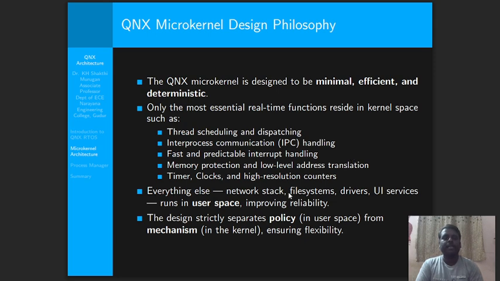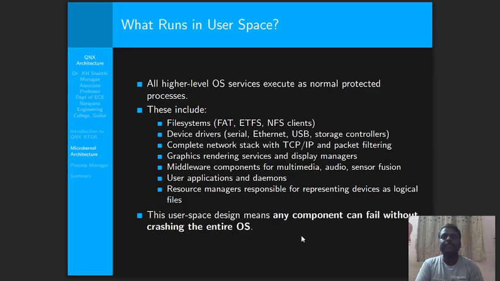For example, network stack, file system drivers, UI services, all this will run in the user space. This will improve the reliability of the OS. And the design strictly separates policy in user space from mechanism in the kernel space, thereby ensuring flexibility.